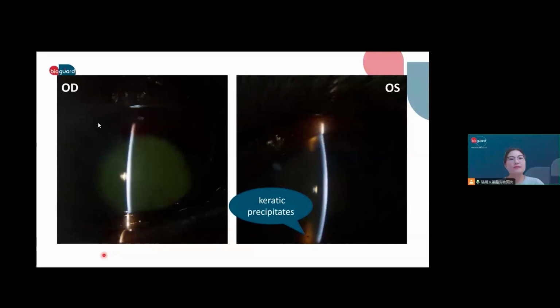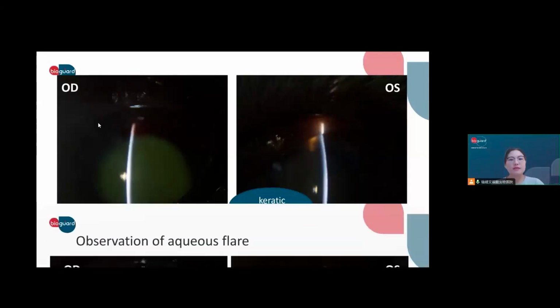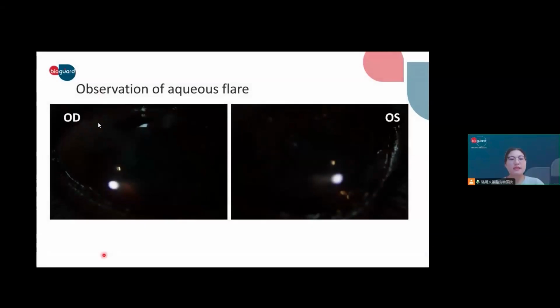And there is another characteristic symptom of uveitis, that is aqueous flare. We can observe the aqueous flare by using a very small point light, just like the point light in these pictures. We can use a very small point light to check the eye to observe the aqueous flare.